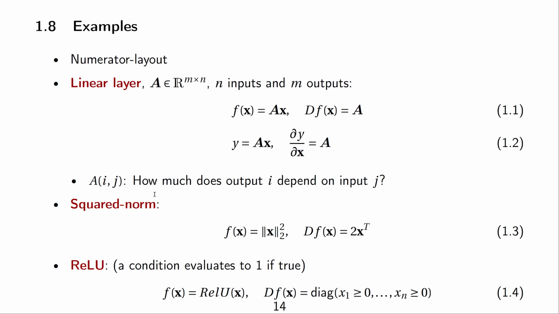This means that this matrix A itself, since it's also the derivative, can be interpreted. If you look at one element in the ith row and the jth column, it tells you how much output i depends on the input j.